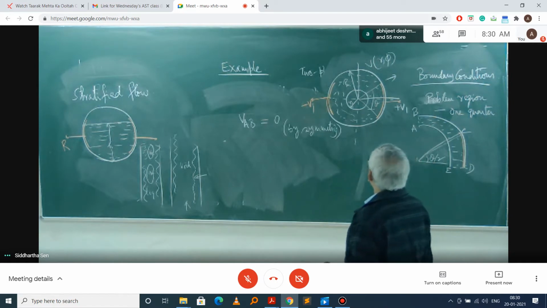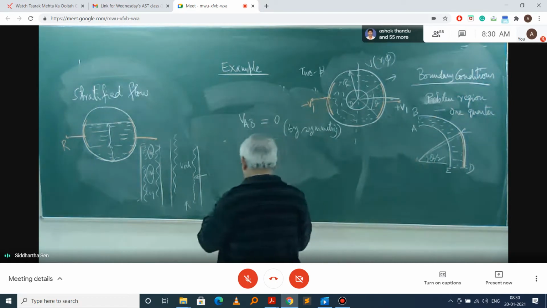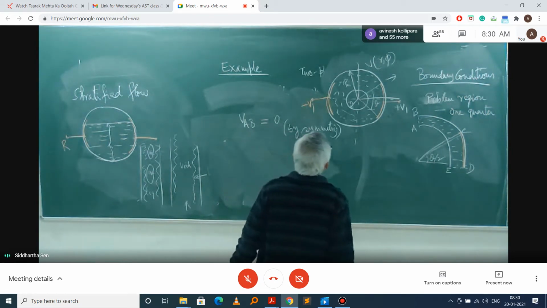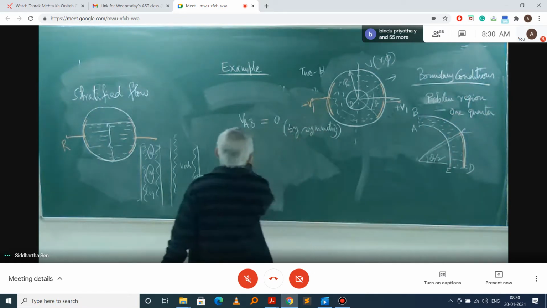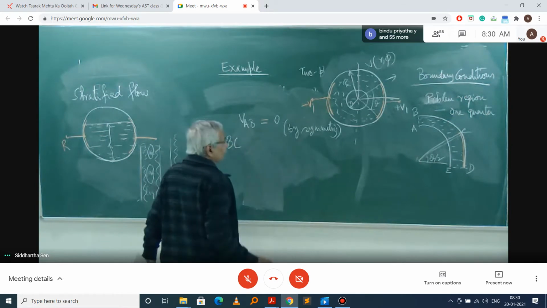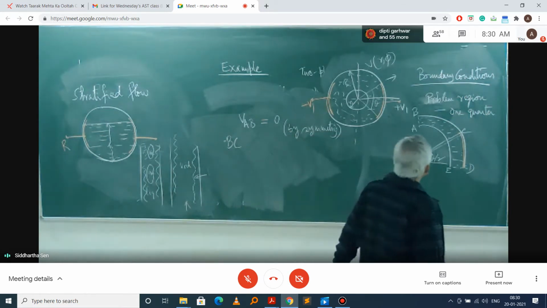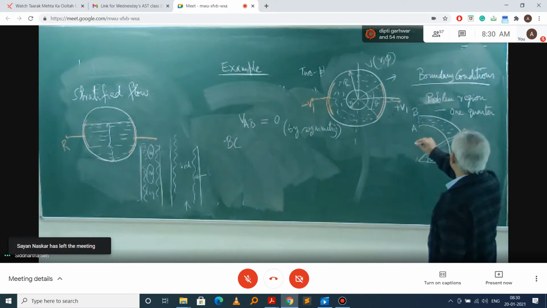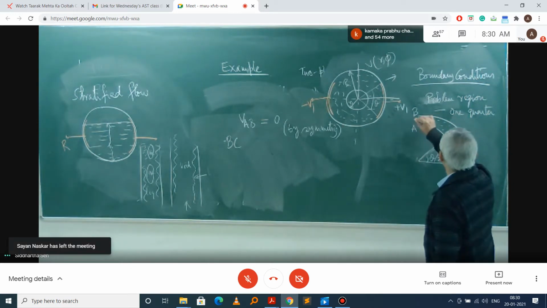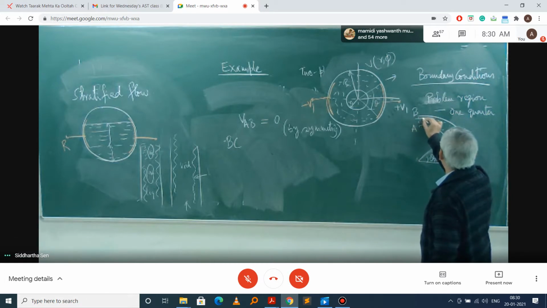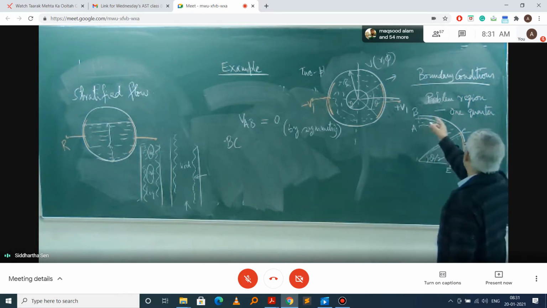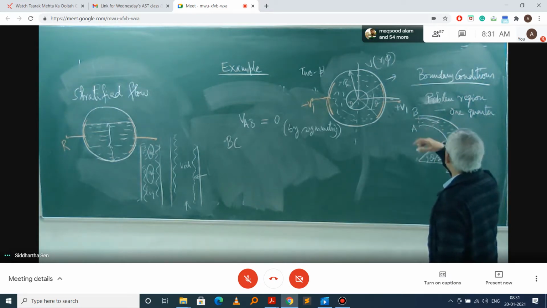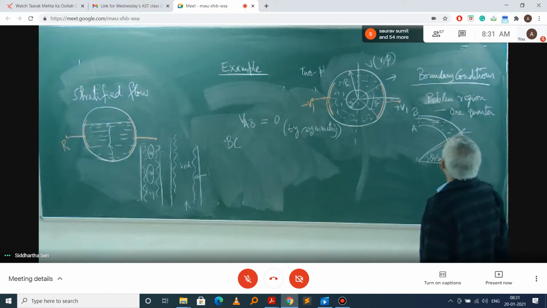Next is the region BC. In region BC, the current will be flowing through these directions, and because of the symmetry, it will be going like this.